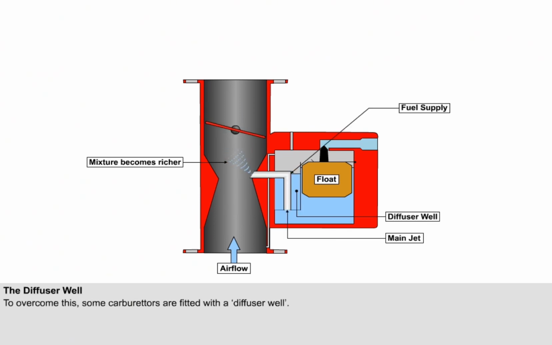To overcome this effect, some carburetors are fitted with a diffuser well, such as is illustrated here. The fuel discharge tube from the main jet passes through the diffuser well. A number of small holes are drilled through the wall of the fuel discharge tube at different levels.